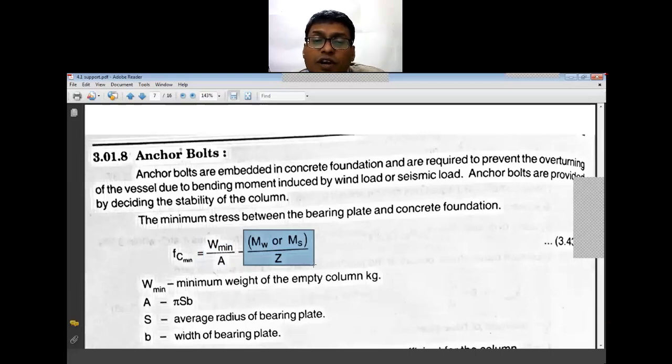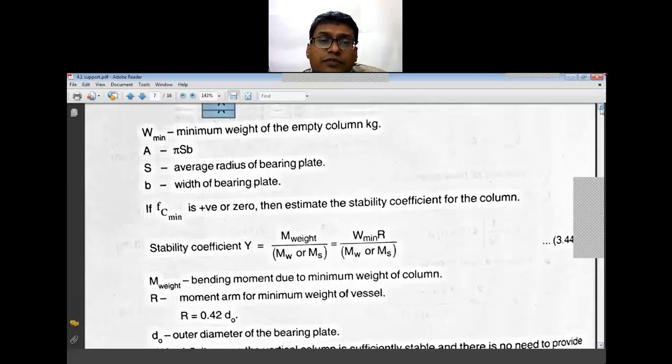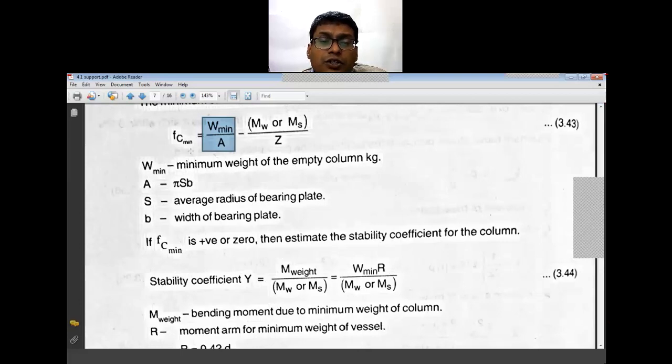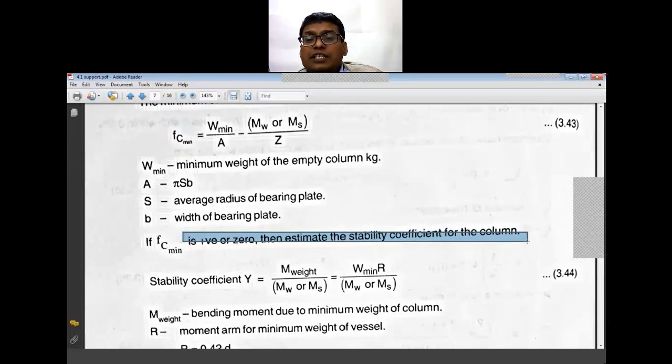So that is the dead weight stress minus Mw or Ms upon Z, the sectional modulus. Now if Fc, which is the minimum stress, is positive or 0, then we estimate the stability coefficient of the column.